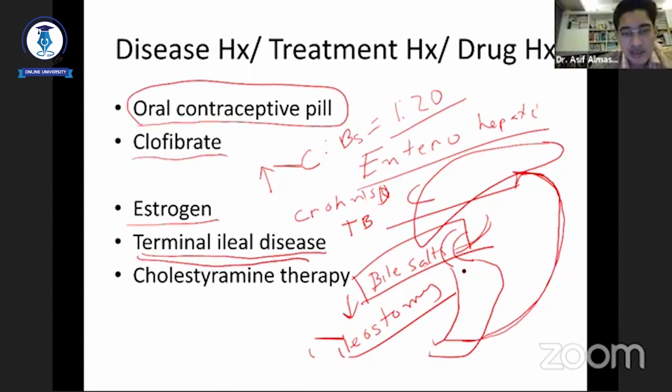So you must take a surgical history of whether the terminal ileum is present or has been surgically resected. Cholestyramine therapy is also another drug that has been said to have this effect, probably in a similar way, again by stasis of the gallbladder.